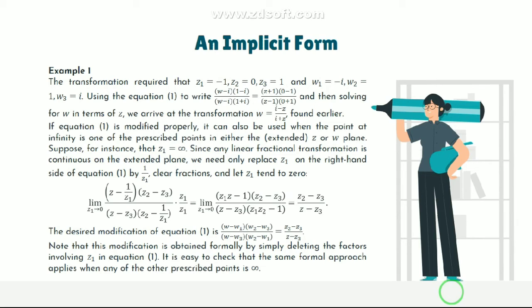We get the result (z2 - z3) over (z - z3).